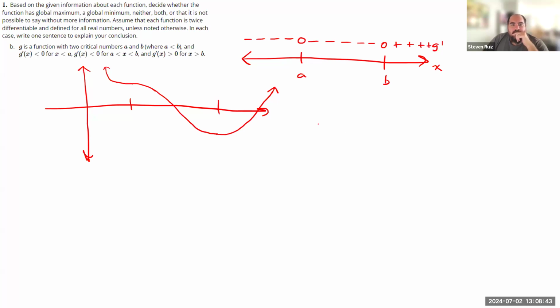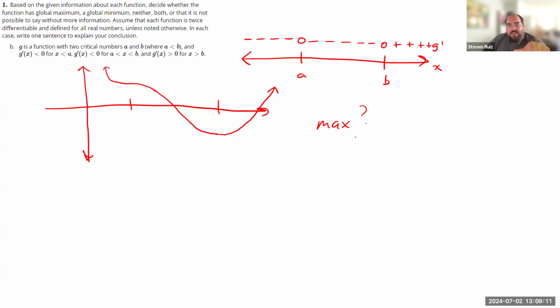So, do I have a global maximum? I think because basically you have a function that kind of trends upward on both ends here. So you have a function that, for every x value less than a, is decreasing, which means the further left I go, the higher the y values have to be.